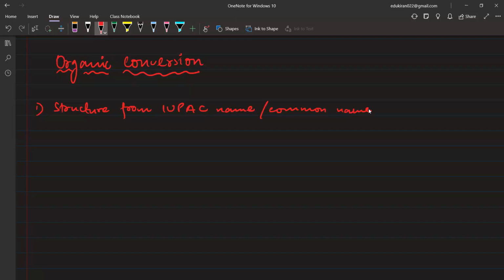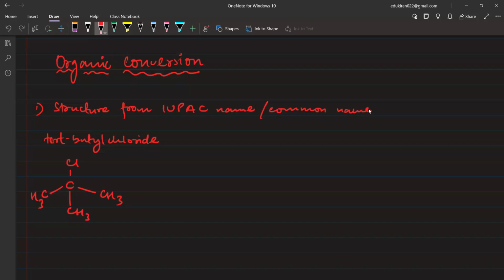For example, you should at least know the concepts of tertiary. If I say tertiary butyl fluoride, tertiary butyl chloride, this is a common name. So what does tertiary butyl chloride mean? It means a carbon atom contains chlorine, and this carbon is tertiary. This is tertiary butyl and it contains how many carbon atoms? 4 carbon.